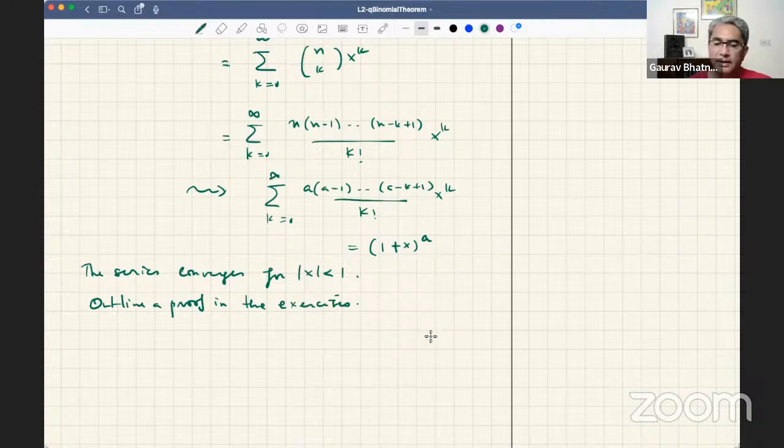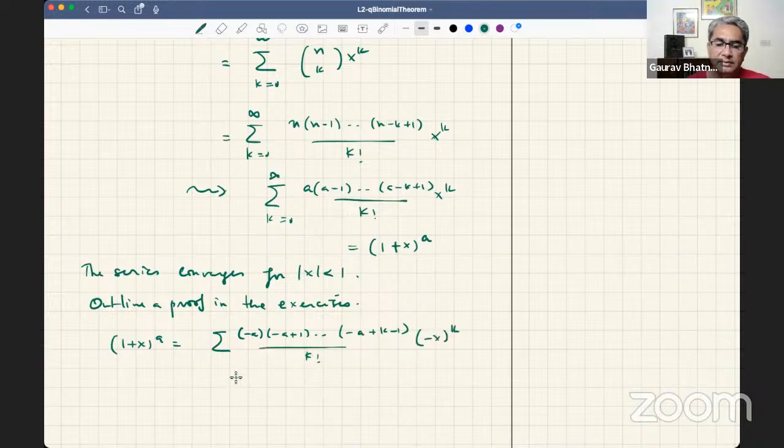And, you know, usually we would write it like this. So we would write it as minus a plus 1 and so on up till minus a plus k minus 1 divided by k factorial, and there's a minus x to the k.